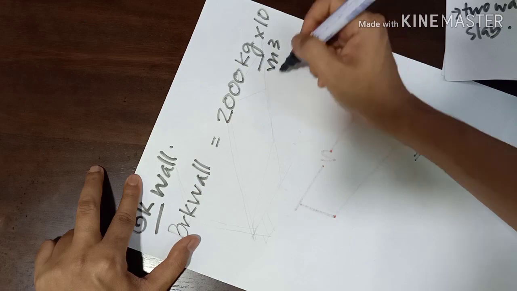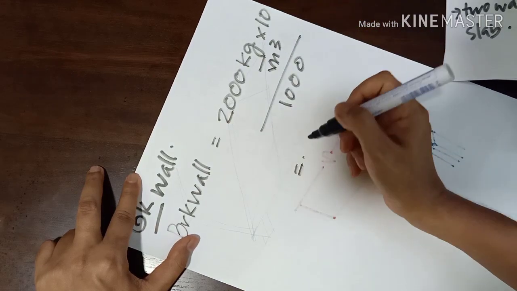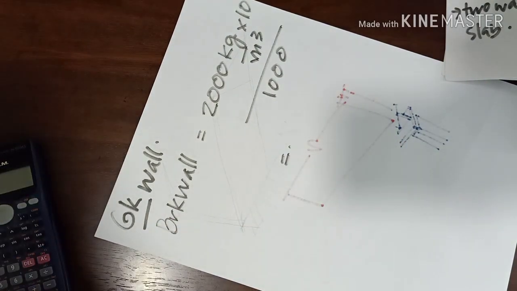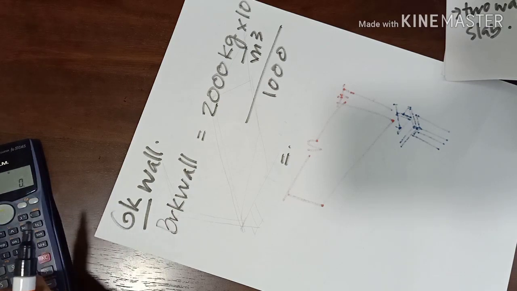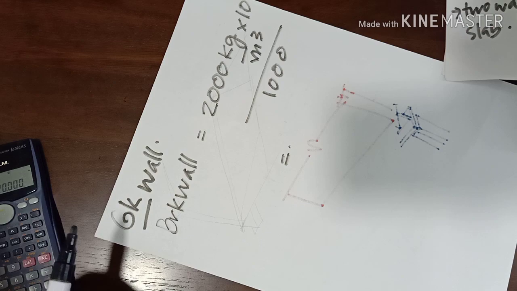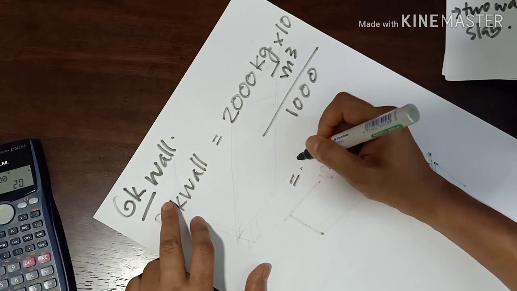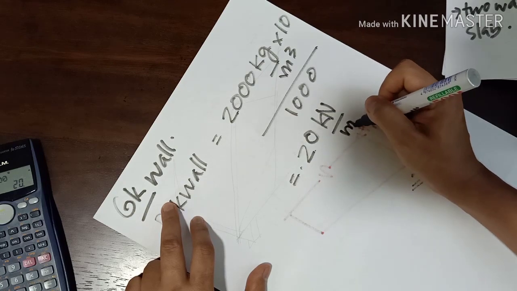As usual, we have to change it into kilonewton. So times 10 divided by 1000. So 2000 times 10 divided by 1000, it's about 20 kilonewton per meter cube.